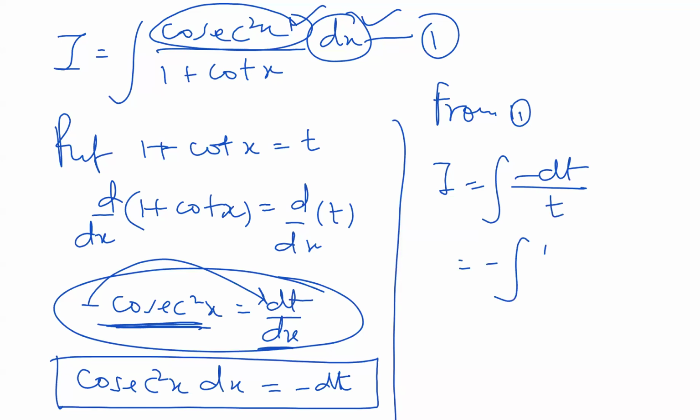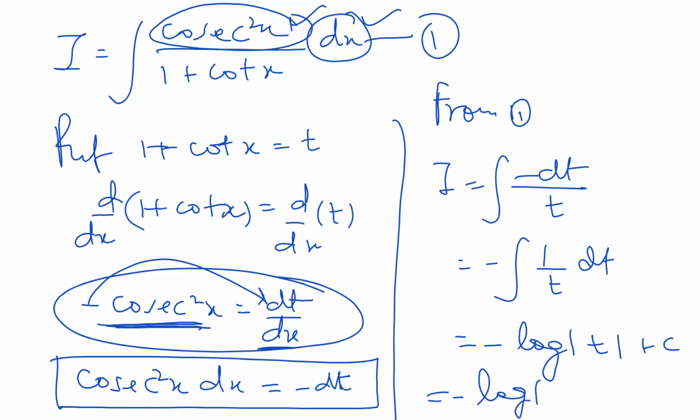So minus sign outside, 1 upon t dt. Okay, so dt upon t can be expressed as 1 upon t into dt. So minus log modulus t. Now t is nothing but 1 plus cot x. Okay, that was your question number 4.